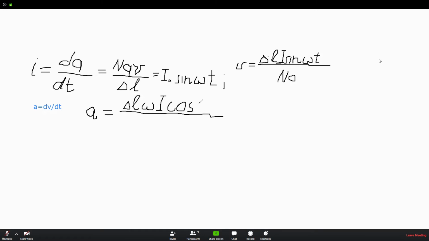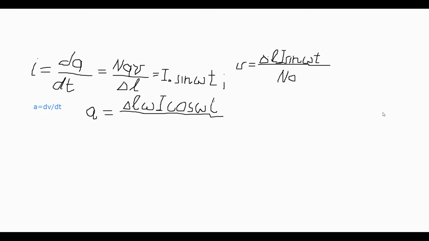It becomes cosine omega t. And here we will have the number of electrons multiplied by the charge Q.